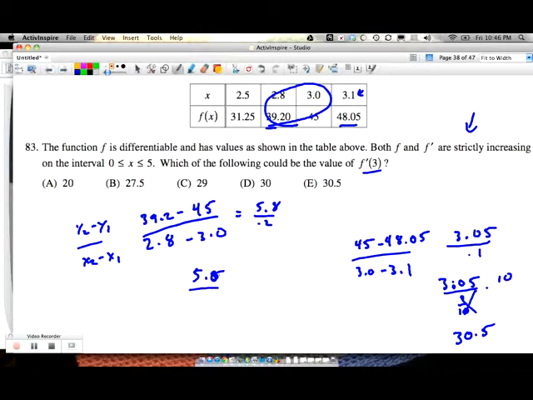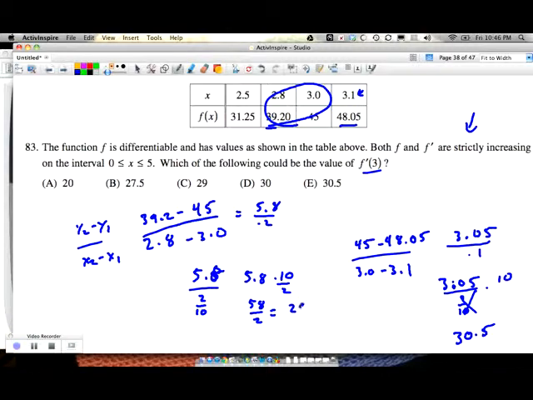So we got 5.8 over 2/10, which is really equal to 5.8 times 10 divided by 2. Well, 5.8 times 10 is 58. 58 divided by 2 is going to give me 25 plus 4, so that's about, what's that, 34?